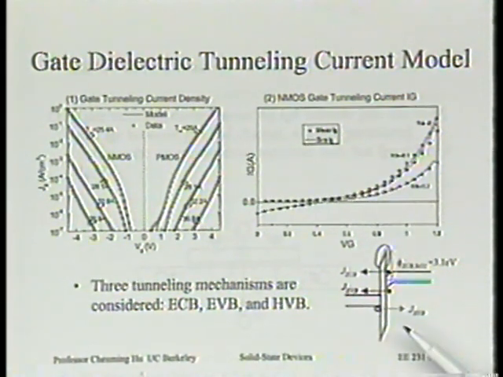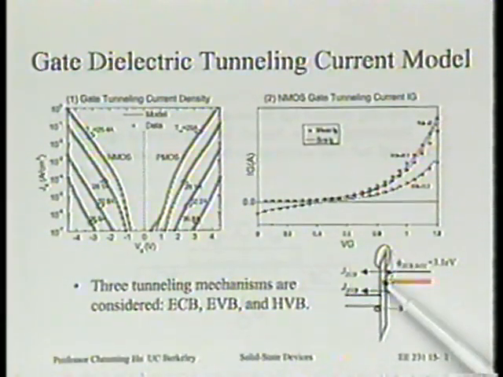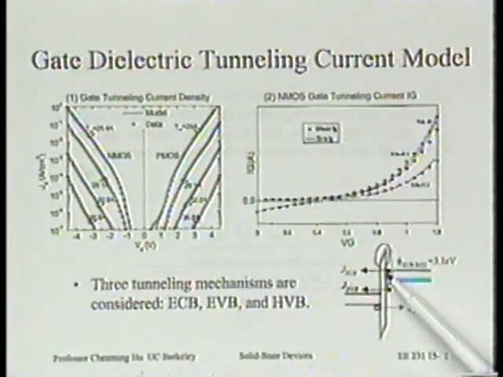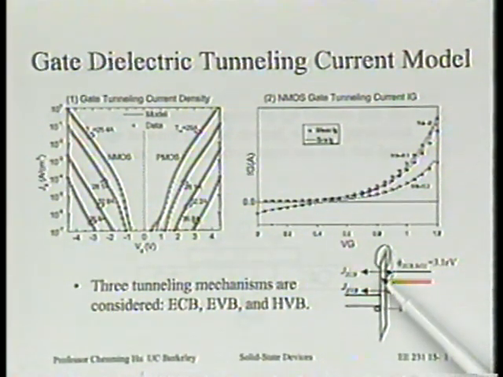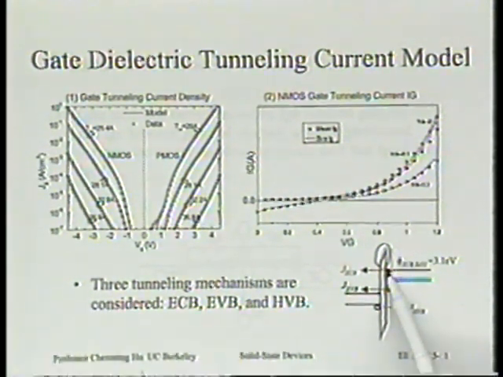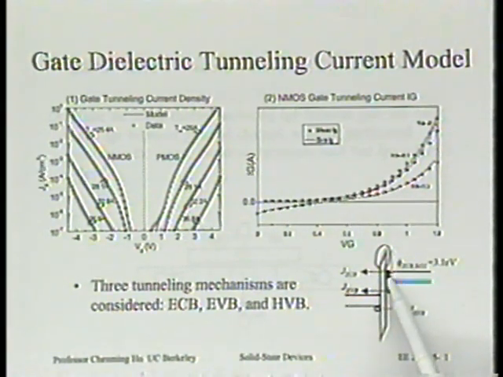They have almost identical form, the three equations or three terms, but they have different barrier heights, and actually they have different tunneling electron effective masses. It turns out the electron effective mass depends on its location relative to the valence band and conduction band in the oxide. For the first component, you can probably guess that the tunneling electron mass is similar to the conduction electron mass in the oxide.